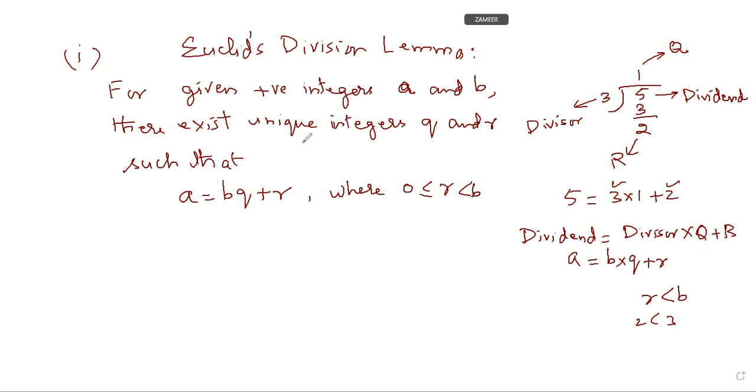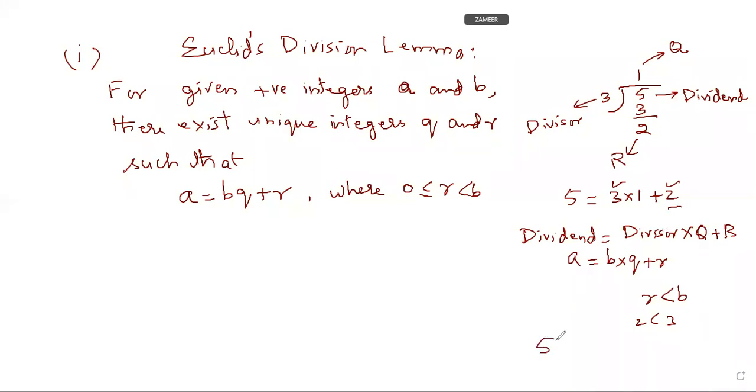For any two integers we can write it like this, where r varies from 0 up to less than b. That means 0, 1, 2. Here r is 2, but r can be 0 and 1 also.